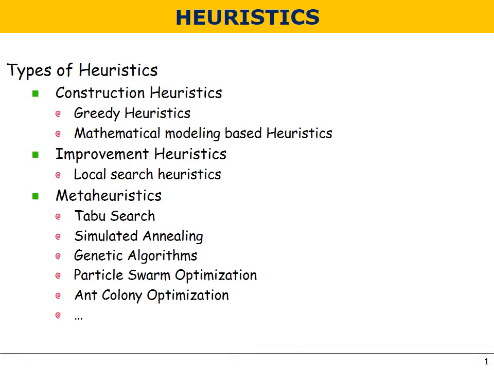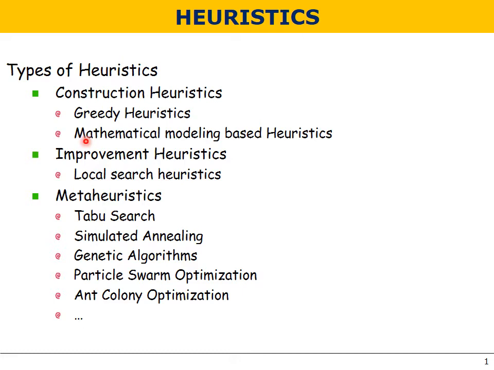Construction heuristics are the heuristics in which you generate a good feasible solution from scratch. You don't initially have a solution, and by following the steps of this algorithm, you construct a good feasible solution. Greedy heuristics are the most well-known types of construction heuristics.